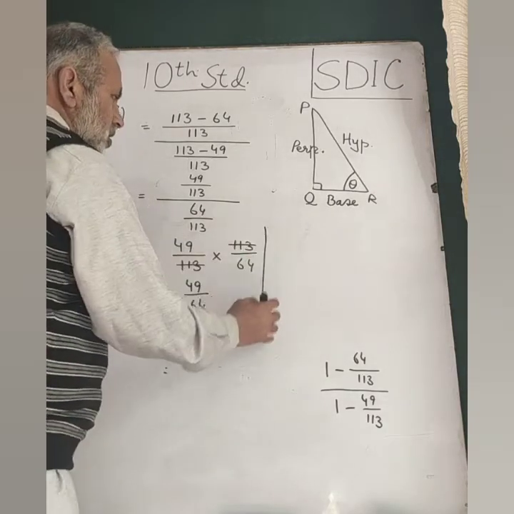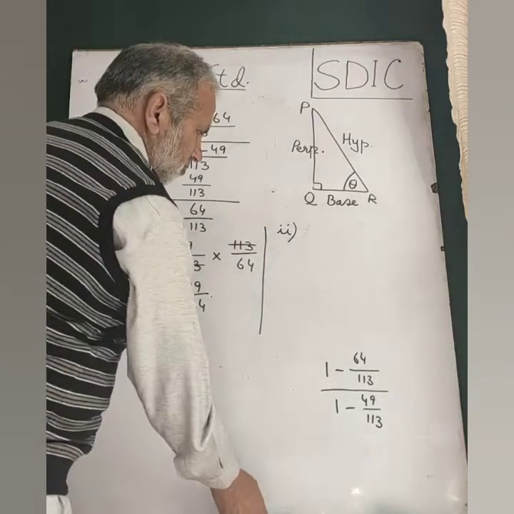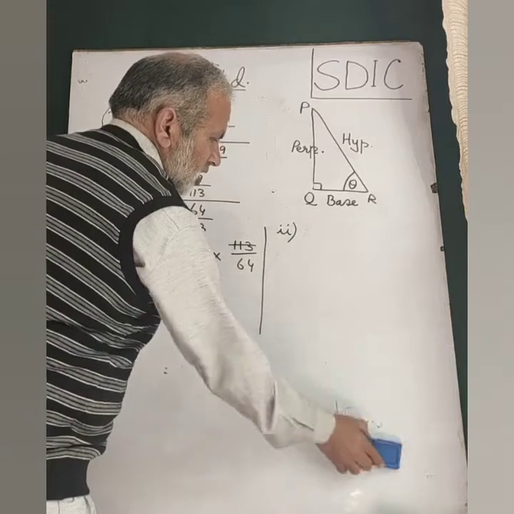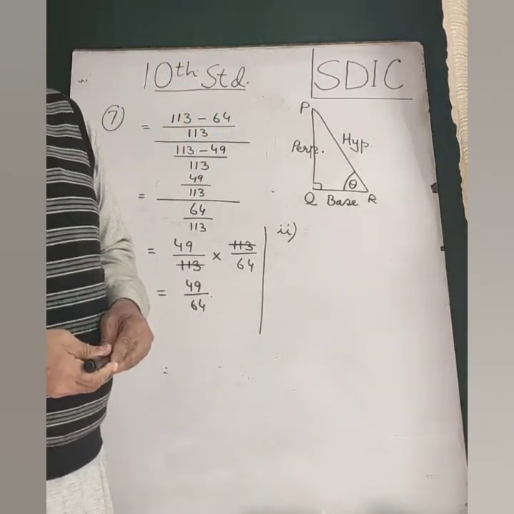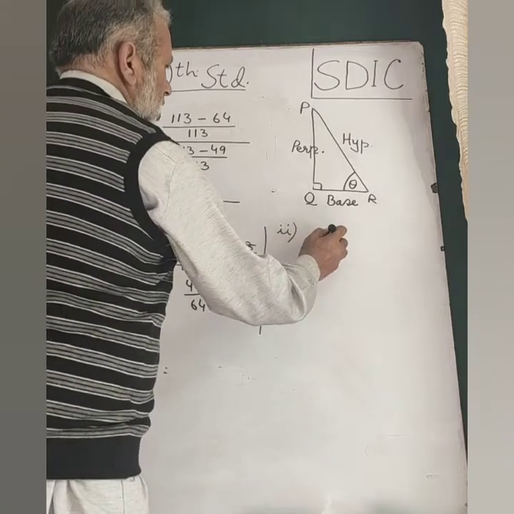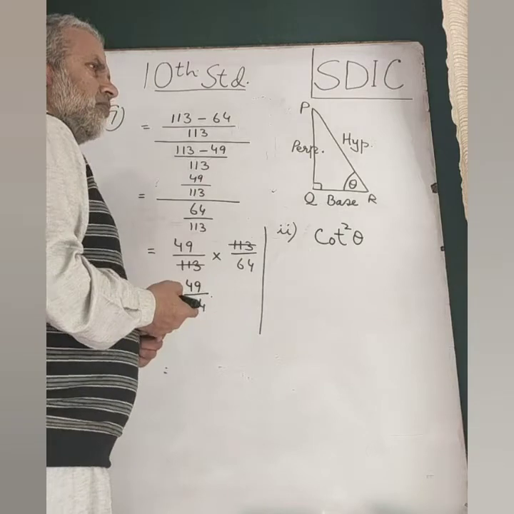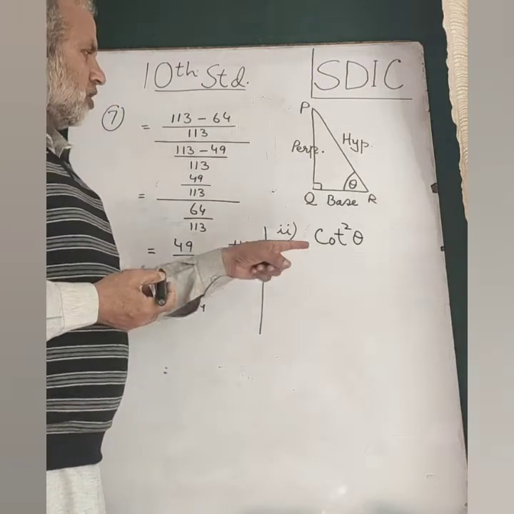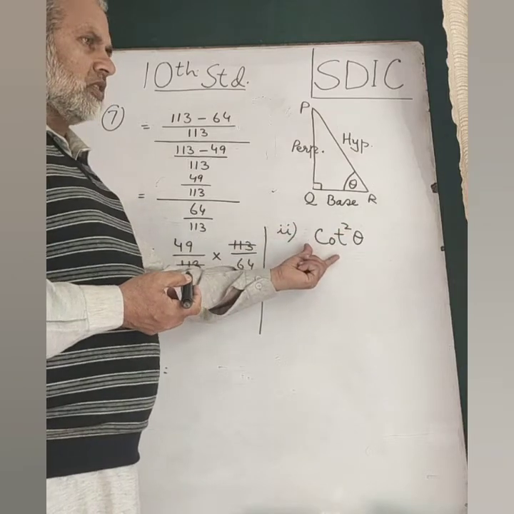Now, likewise, let us solve the second part. In the second part, we need to find the square of cot theta. Cot square theta you have to find. As just now explained, this again by convention we have written here on cot.